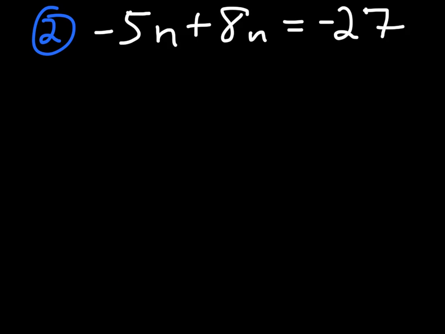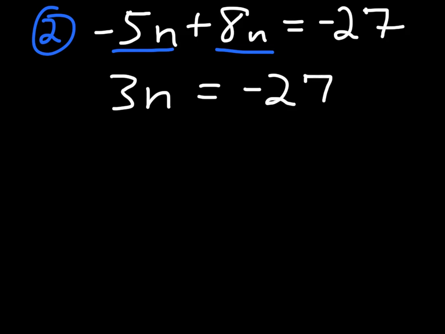Okay, number 2, negative 5n plus 8n equals negative 27. Here we have 2 terms that have n in them. We have a negative 5n and an 8n. So remember, we can combine like terms, and when we do that, negative 5n plus 8n is positive 3n equals negative 27.